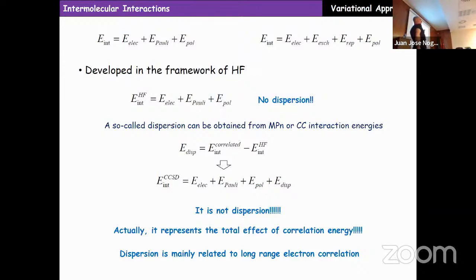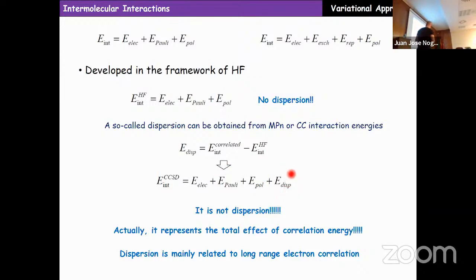But when we calculate interaction energy at correlated level, we are also including short range and medium range electron correlation. And this short range and medium range electron correlation also changes the electrostatic energy, as we'll see later, changes the Pauli repulsion, changes the induction energy, changes everything. So in this difference we have all the effects of electron correlation. So it's not only dispersion.